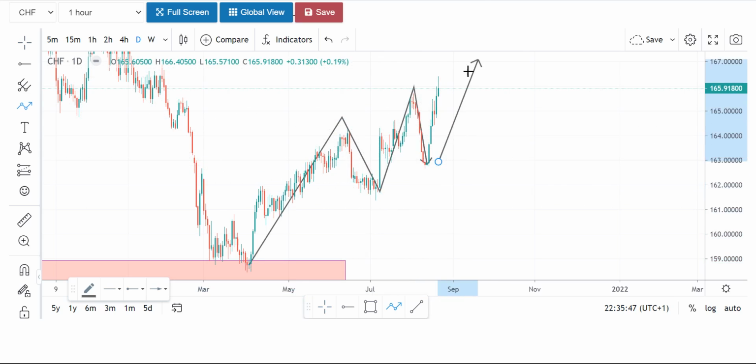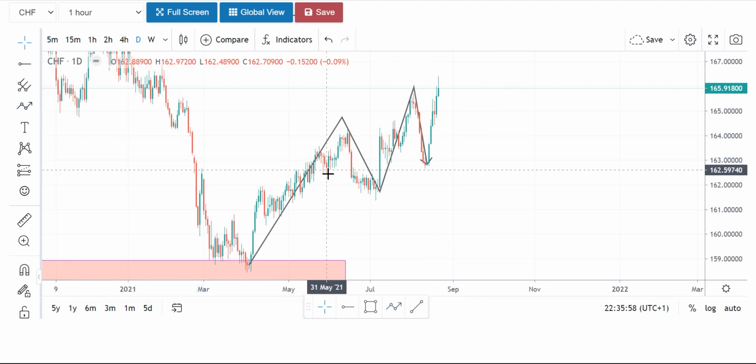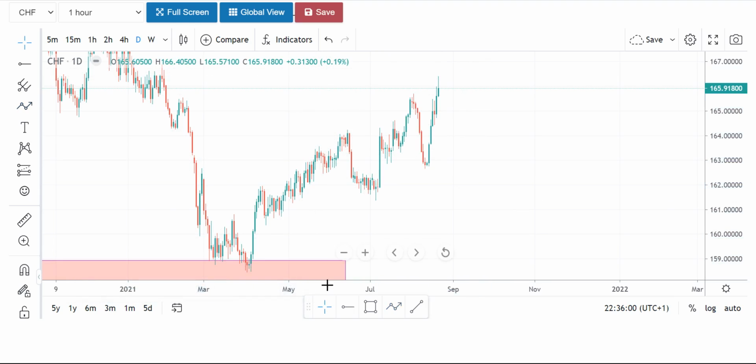And at this point, we're already getting this higher high at this place. And like I said previously, for price to be healthy, we need higher highs and higher lows, or lower lows and lower highs. So what do we expect from the Swiss franc?